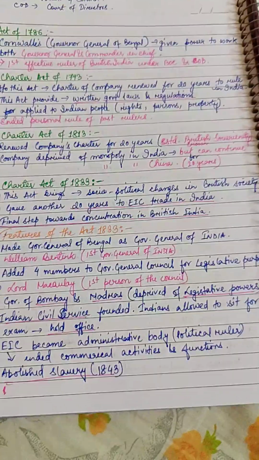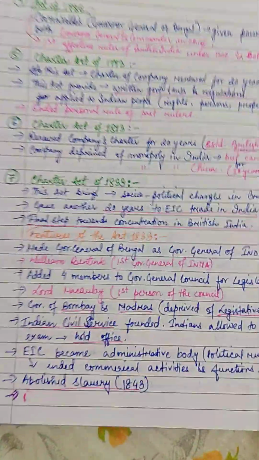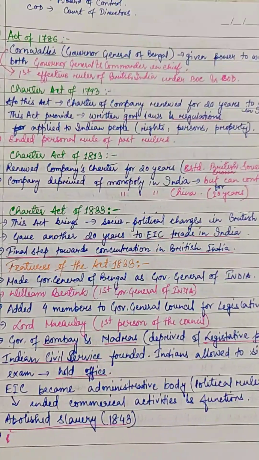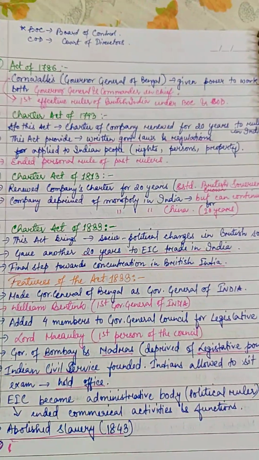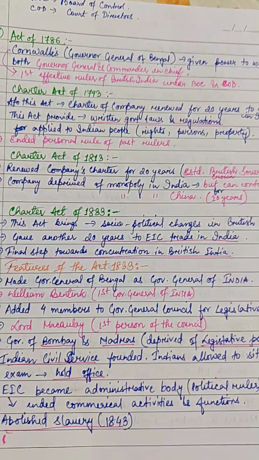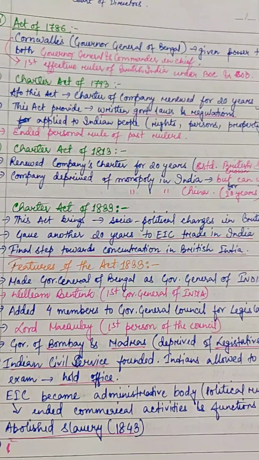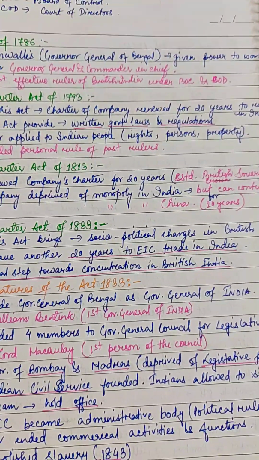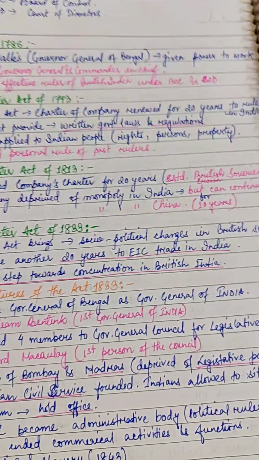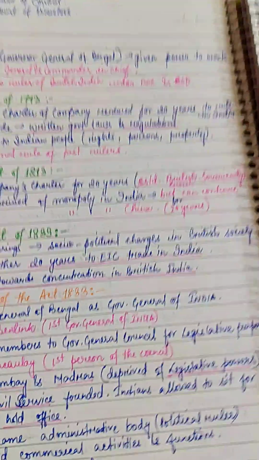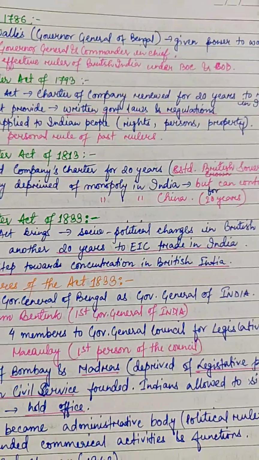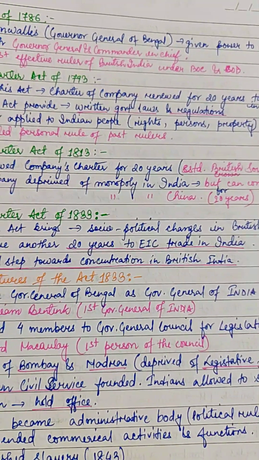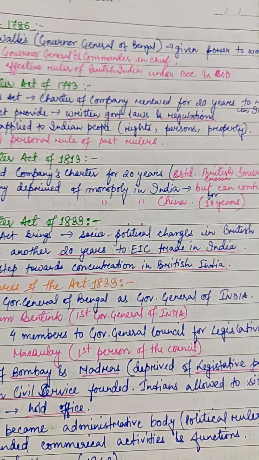They discriminated against the Indians. But through this Charter Act, it was allowed for the first time that Indians were also given the right to sit for the civil service examination, and if they passed, they could work for the British government and hold superior or respectable posts. Before, Indians were not allowed to hold any good post.